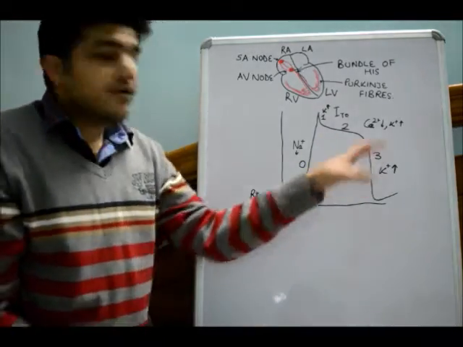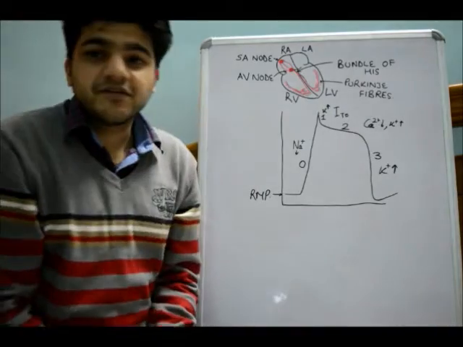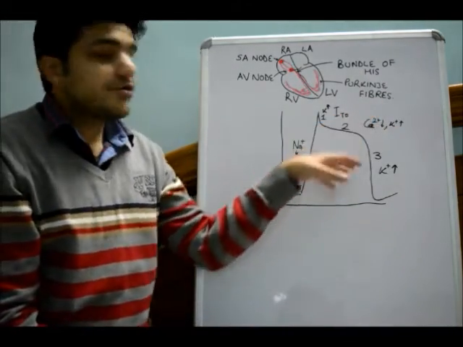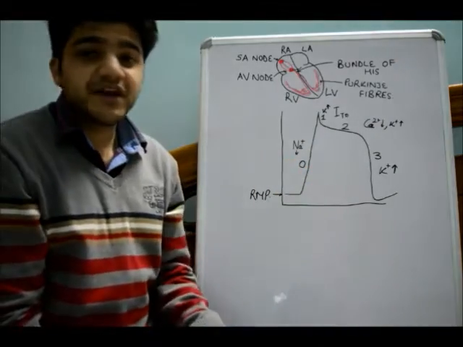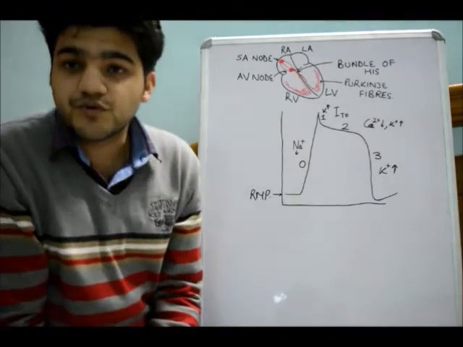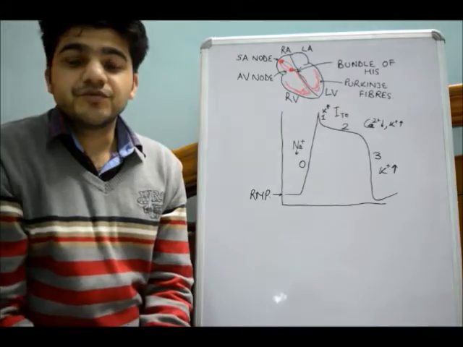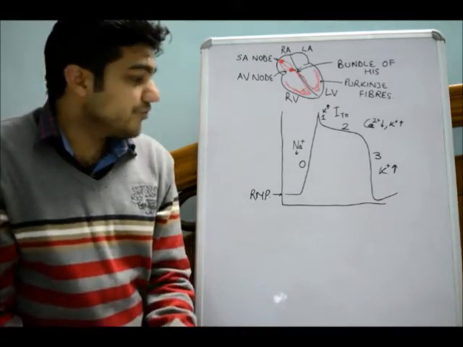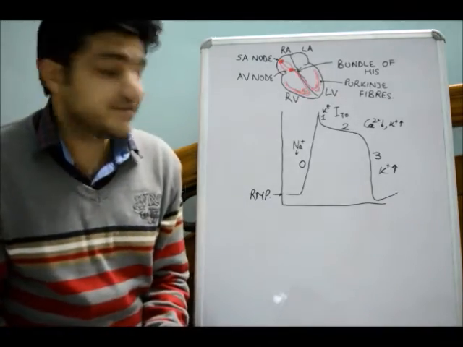Now after all this is done, what is happening to the cell? There is a lot of calcium inside, a lot of sodium inside, and potassium has gone out. So now the cell makes up for whatever has changed. So it maintains what we call homeostasis.